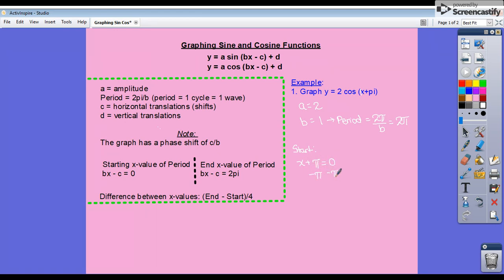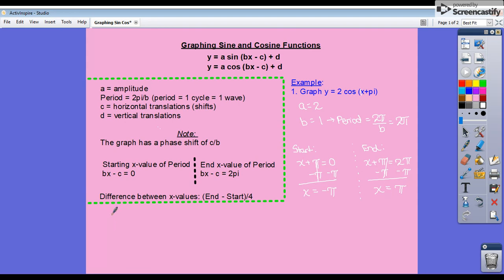I'll solve by subtracting pi on both sides, giving me x equals negative pi. That's the start. And then for the end value of one period for the x coordinates, I'm going to set my parentheses equal to 2 pi. In this case, if I subtract pi on both sides, 2 pi minus 1 pi would just give me pi.